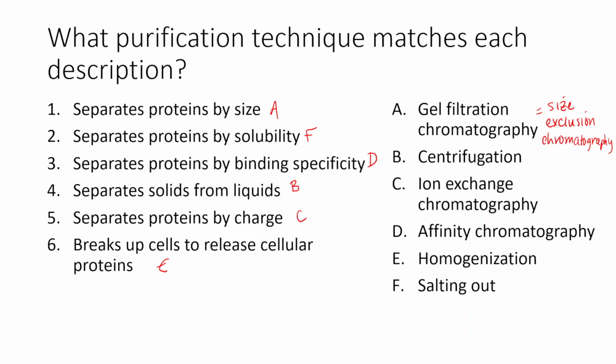So you always want to start by homogenizing your tissue or lysing your cells, because otherwise your protein will be hiding inside of a cell. You can't get it out, right? So always start here, and then a really common next step after that is salting out. Salting out is a really good way to just separate out proteins sort of in bulk based on their solubility. So a lot of times your first step is going to start with homogenization and then salting out.